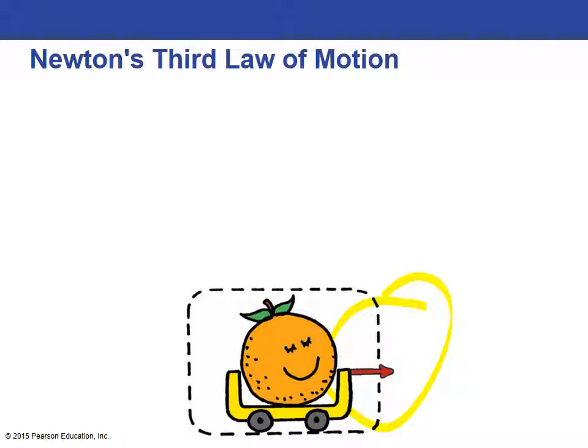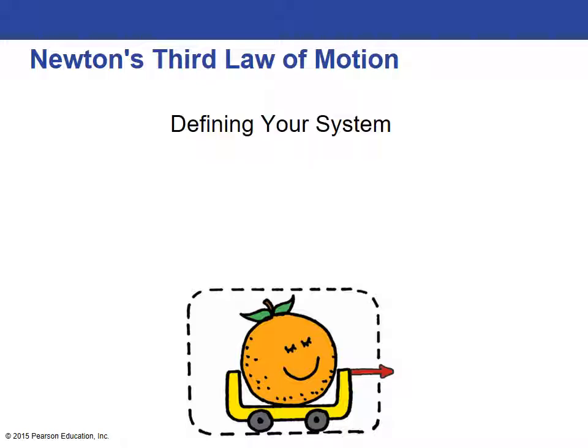Forces don't do that. The only way that a force can act upon an object is when there is an opposite force associated with a separate object. All right? So our little drawing here is showing an impossible system. We can have the orange on a cart, but it can't have a force just acting on it.